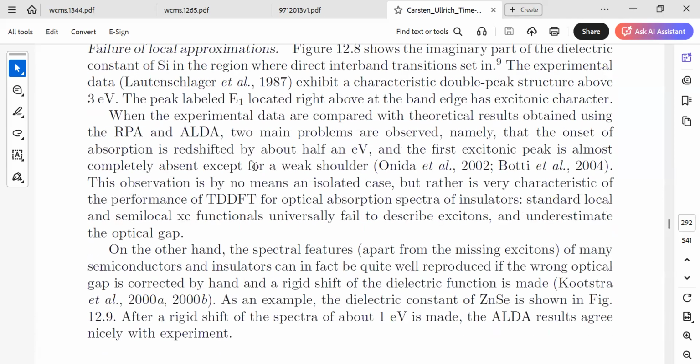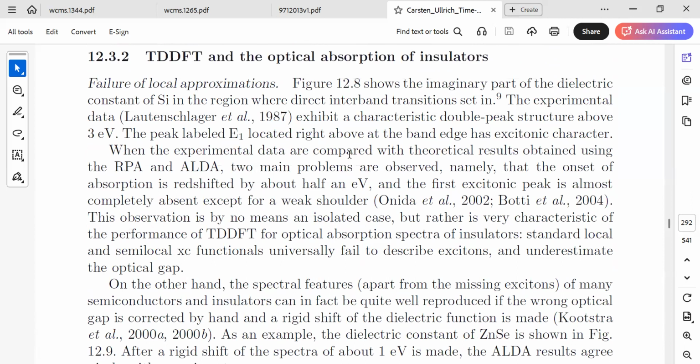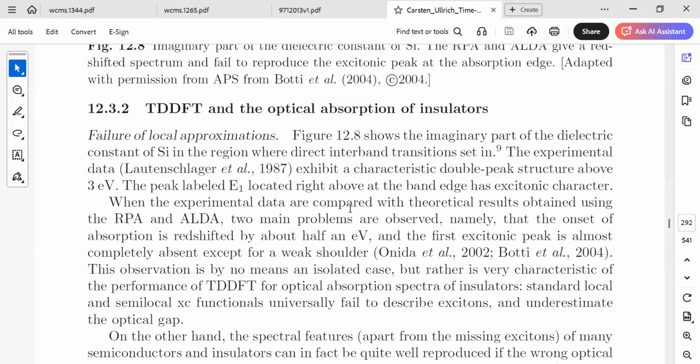Then what is the problem? When the experimental data are compared with the theoretical result obtained using RPA and ALDA, two main problems are observed, namely that the onset of absorption is redshifted by about half an electron volt, and the first excitonic peak is almost completely absent, except for a weak shoulder.